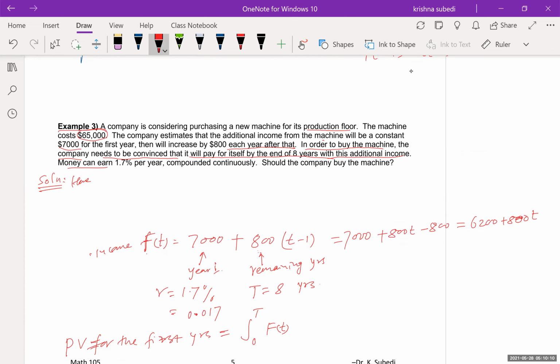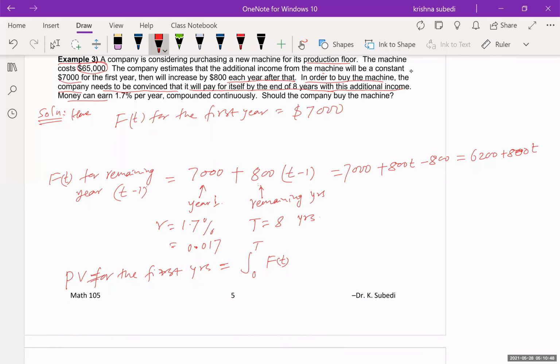Okay, so f of t for the first year is actually just 7,000, and f of t for the remaining year, which means t minus 1, is given by this.